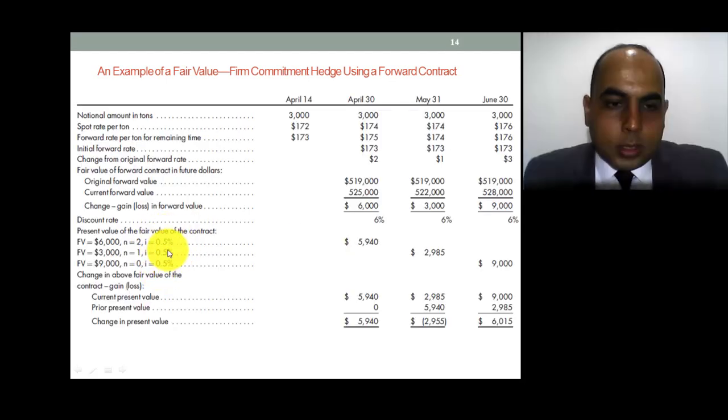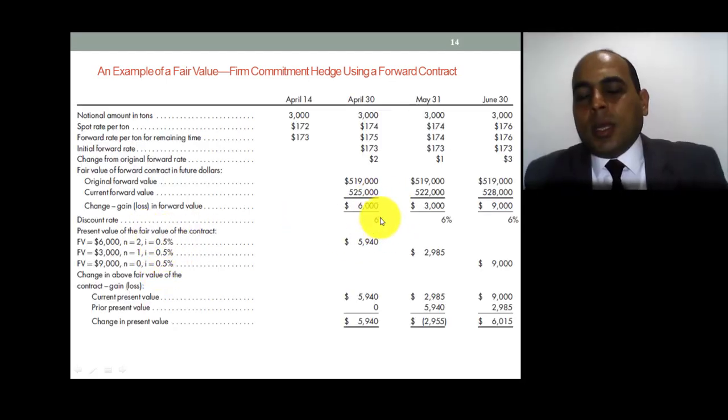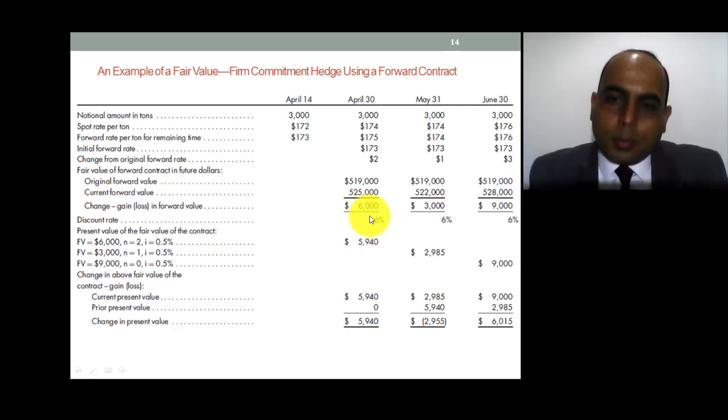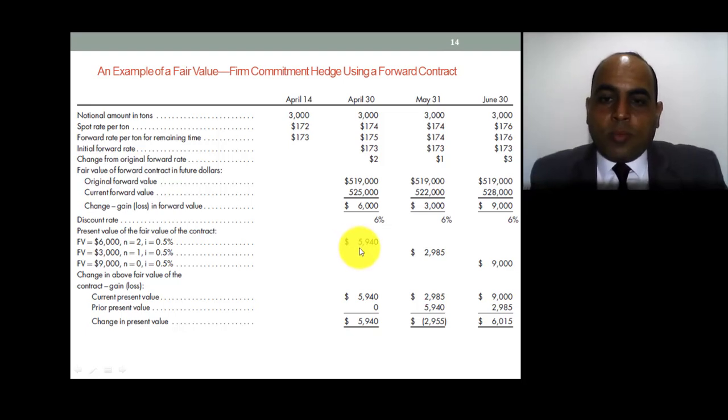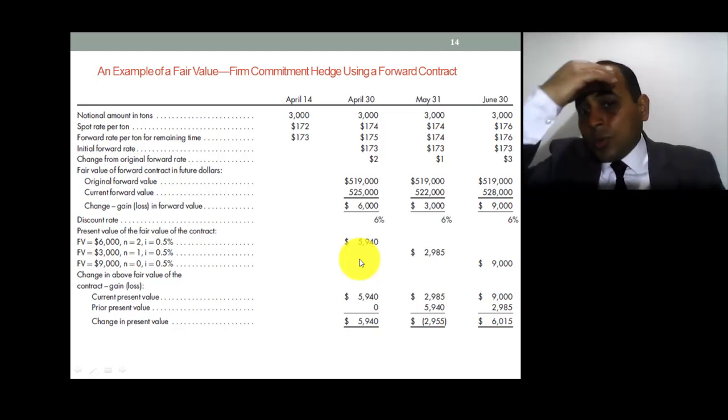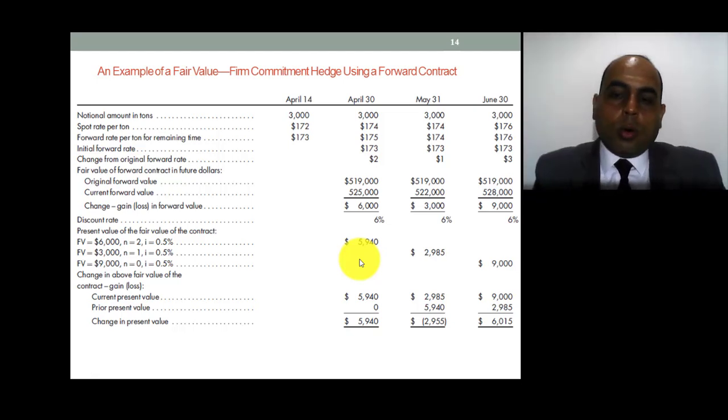The monthly interest rate is 0.5%: 6% is the annual interest rate divided by 12 months. So monthly interest rate 0.5%, 2 months, on 6,000. So the present value of the amount of gain equals 5,940. Okay, let us move to see how we will record it.